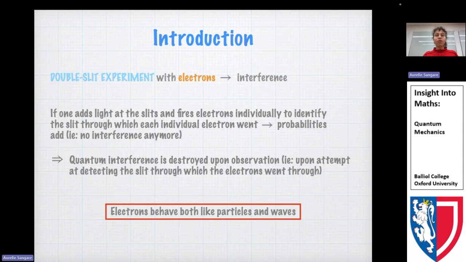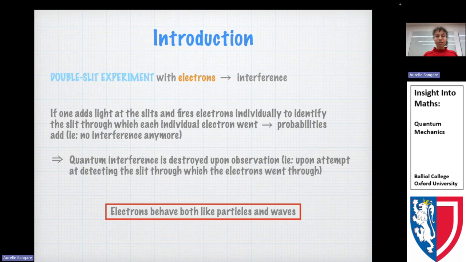Now, that's if we perform the double slit experiment with electrons, as is. If we now really try to detect through which slit an individual electron went, what we can do is reduce the rate at which the gun is firing electrons to essentially make the gun fire electrons one by one.